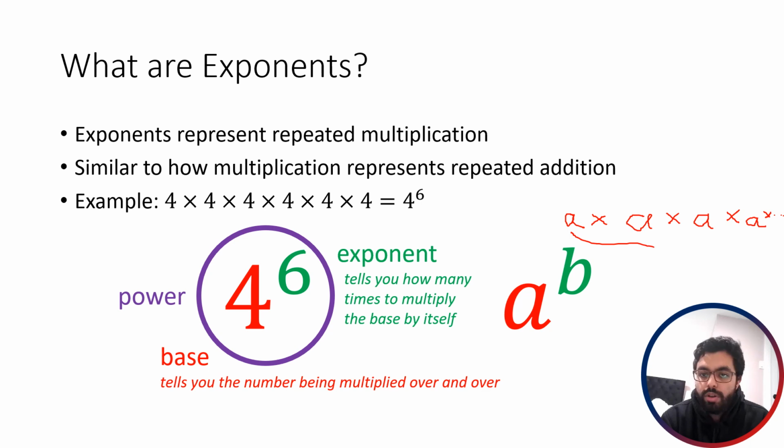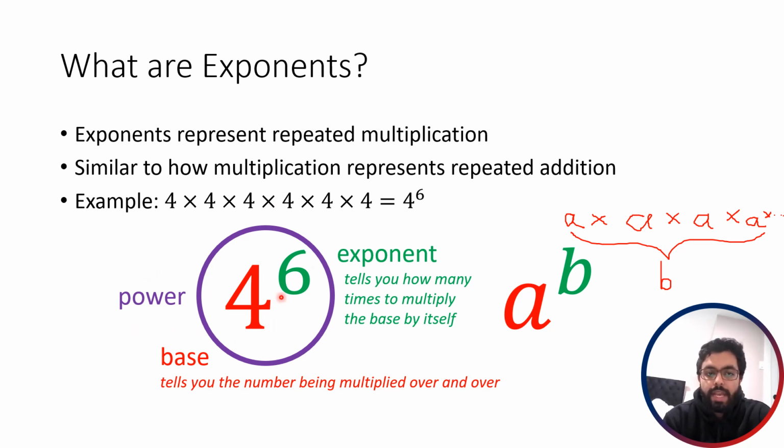In total, you're going to end up with b number of a's, because that's in the exponent. So if b was 10, that means you're going to have 10 a's. If b was 100, that means you're going to have 100 a's, all with multiplication signs in between. Hopefully that makes sense. And then the entire thing, the base with the exponent attached to it, that whole quantity is called a power.